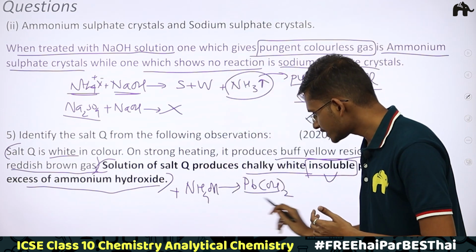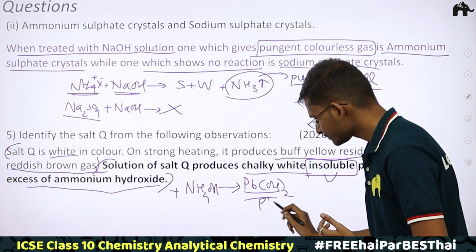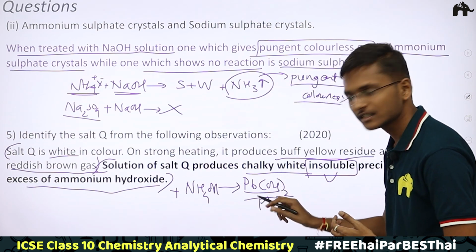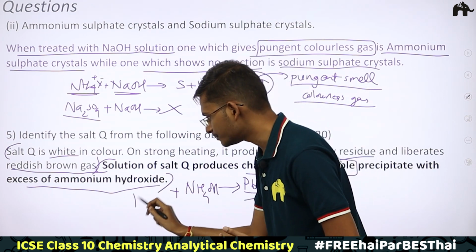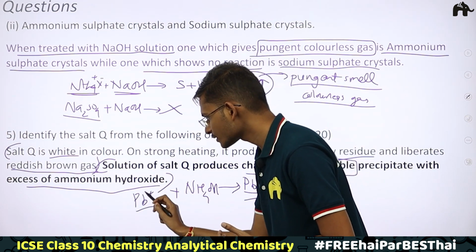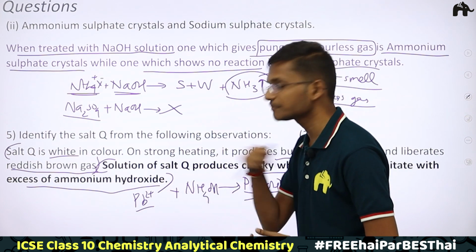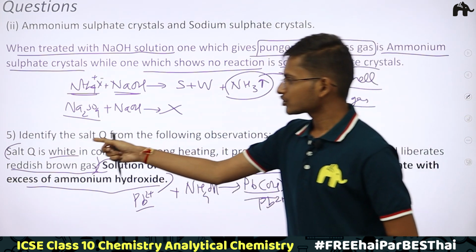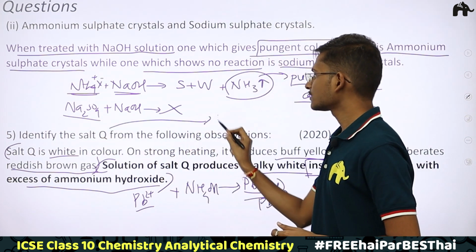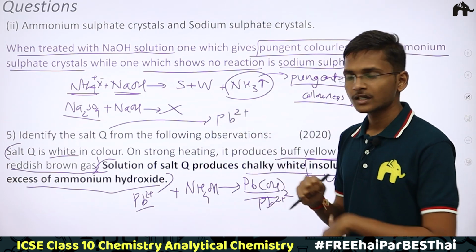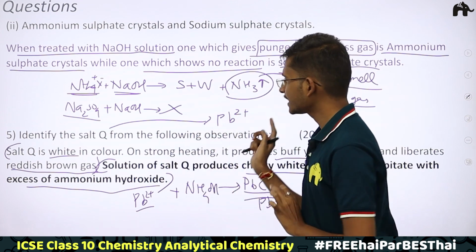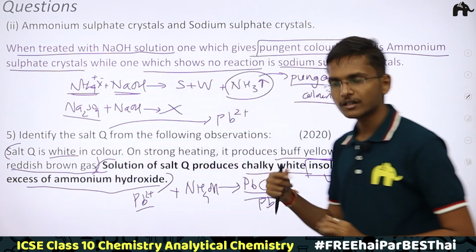Since lead hydroxide is getting produced, this means that lead hydroxide has the Pb2+ ion. So this Pb2+ ion is coming from a salt solution which has the Pb2+ ion. So for salt Q, we got one ion, which is Pb2+. Now the second ion, the negative ion of this salt, we would get from this part.